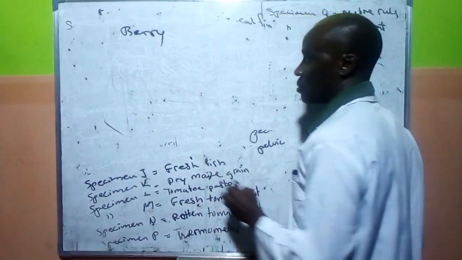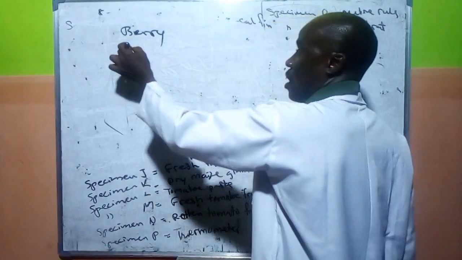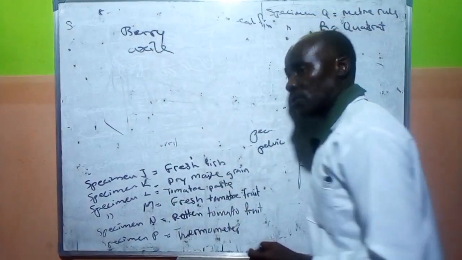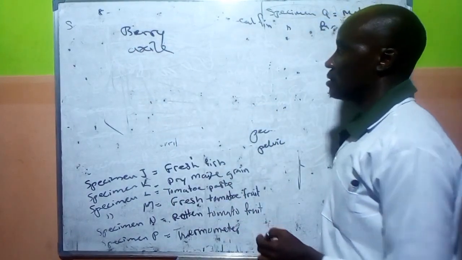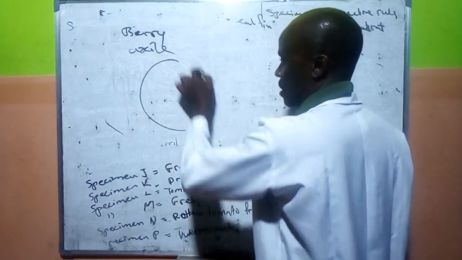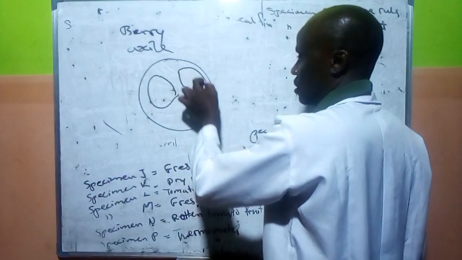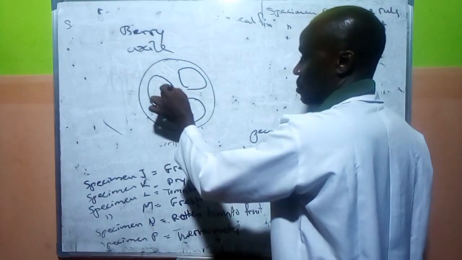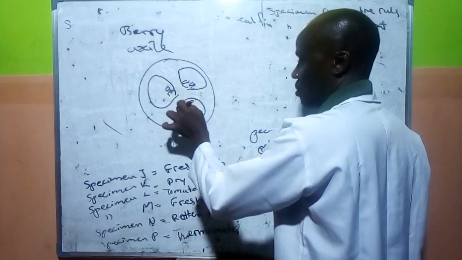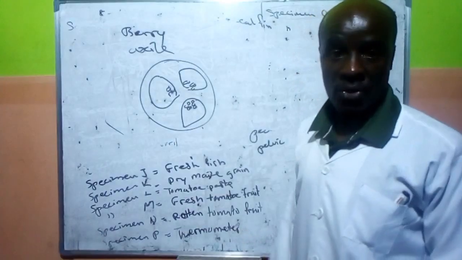The next thing you should also notice is the acid presentation, and the seeds, most of the seeds are in different chambers. They are in chambers, similar to what you have in an orange.